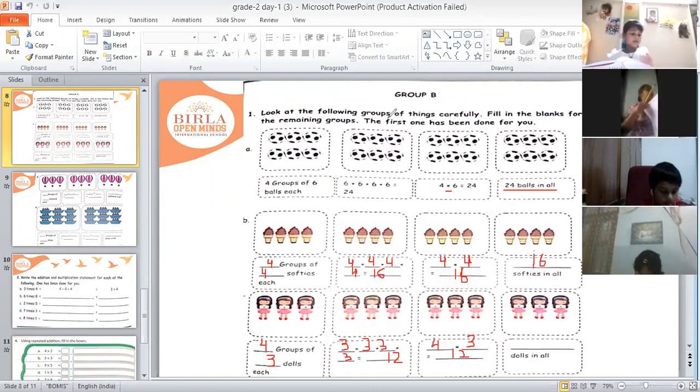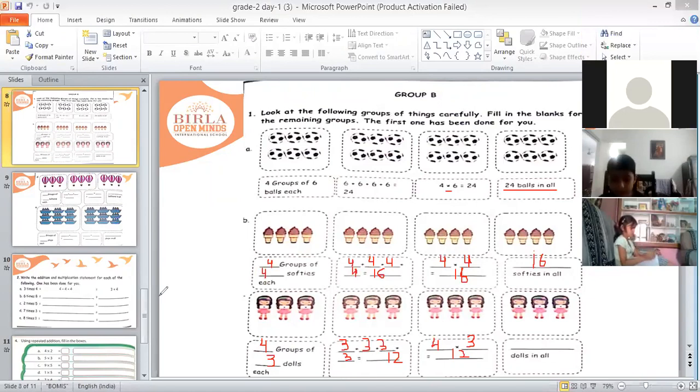Dhriti, you count and tell me total how many dolls are there? Ma'am, I can't see anything on the screen. It's all black. Dhriti, then there must be some network issue from your side because other children are able to see. Okay, just count and tell me in the third bit how many dolls are there.